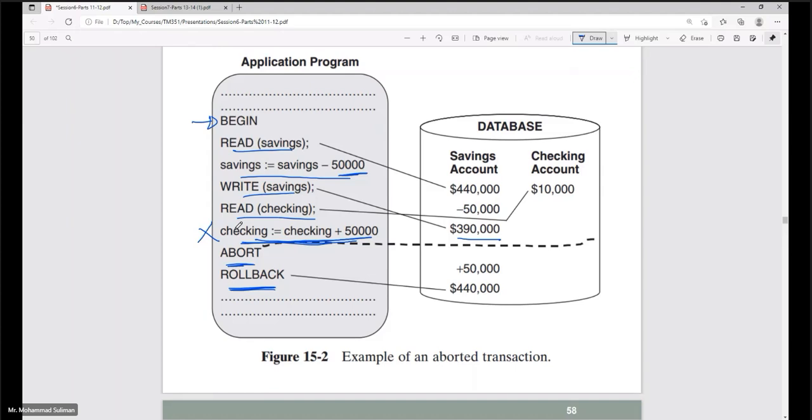Some problem happened, and this transaction has been aborted. So in that case, abort will be called, and abort will call the rollback, and rollback will just undo what has been done. So minus 50,000 will be just rolled back.